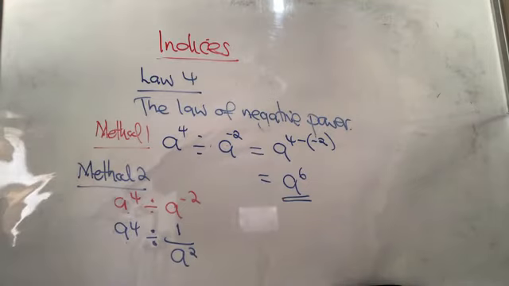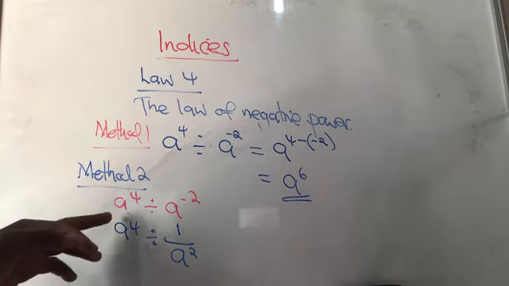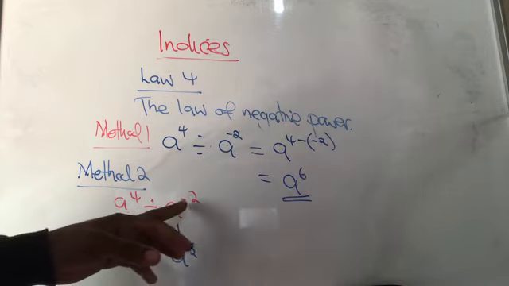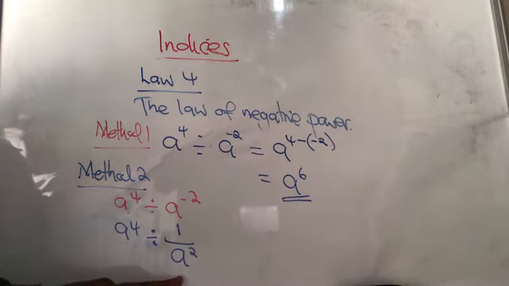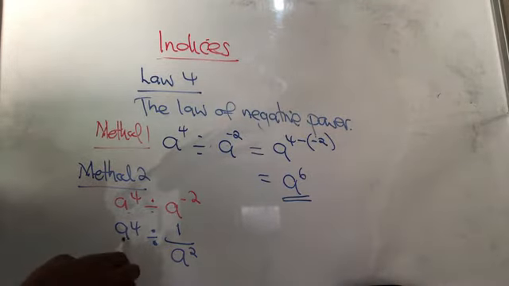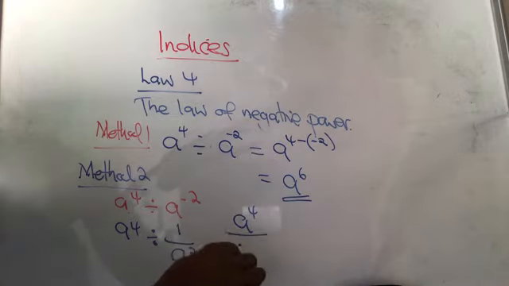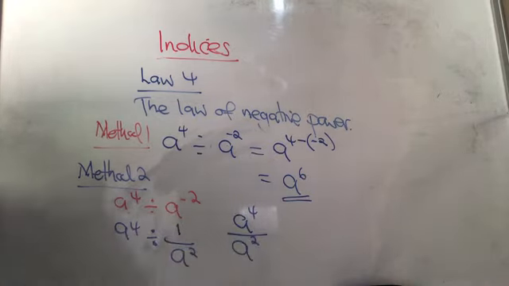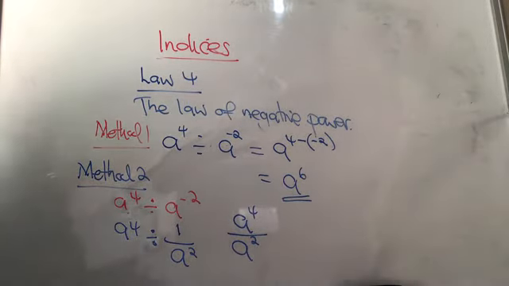Right. I know that if I have a power which is negative, I can make it positive by saying 1 over a squared. 1 over that number, and it becomes positive. So in other ways, I can now rewrite this as a to the power of 4 divided by a to the power of 2.